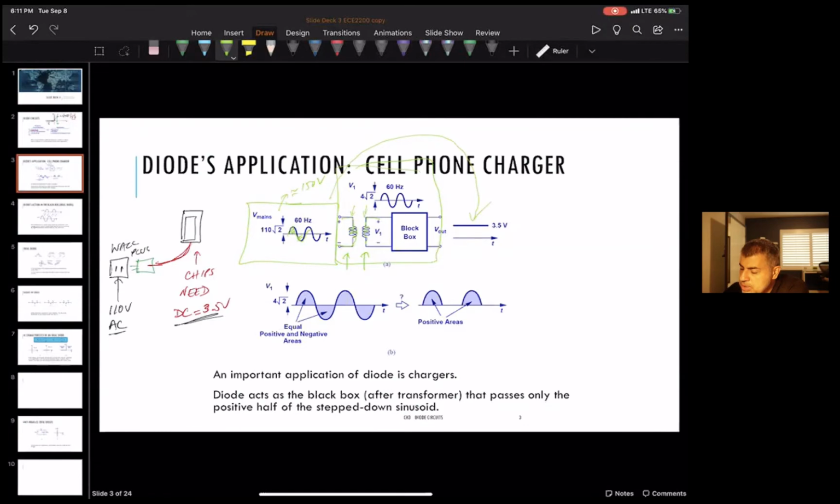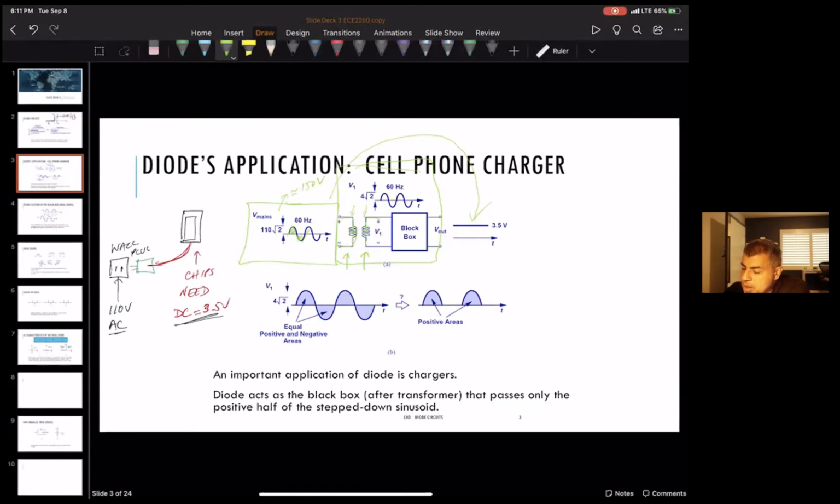Okay, so let's say we use that to come up with something with a lower amplitude, which in this example is 4 times square root of 2, probably around 5-6 volts or something like that. So that we can do with a transformer or inductive coupler.